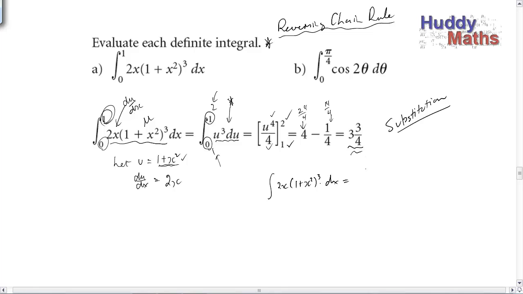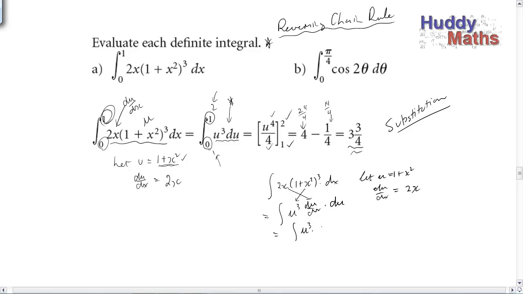So using u, let u equal 1 plus x squared, du by dx is 2x, so that's okay. So this integral equals the integral of u cubed du by dx. I'm putting that one first, then that one du. So I'm doing it as a separate problem almost.